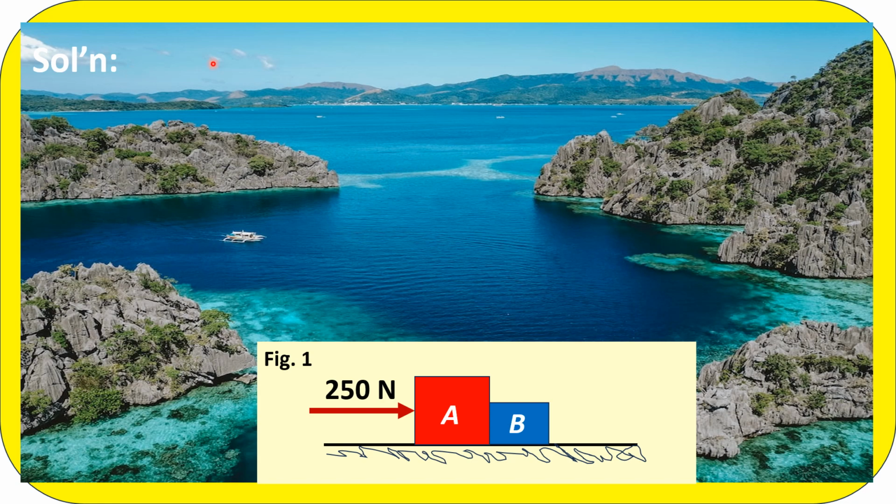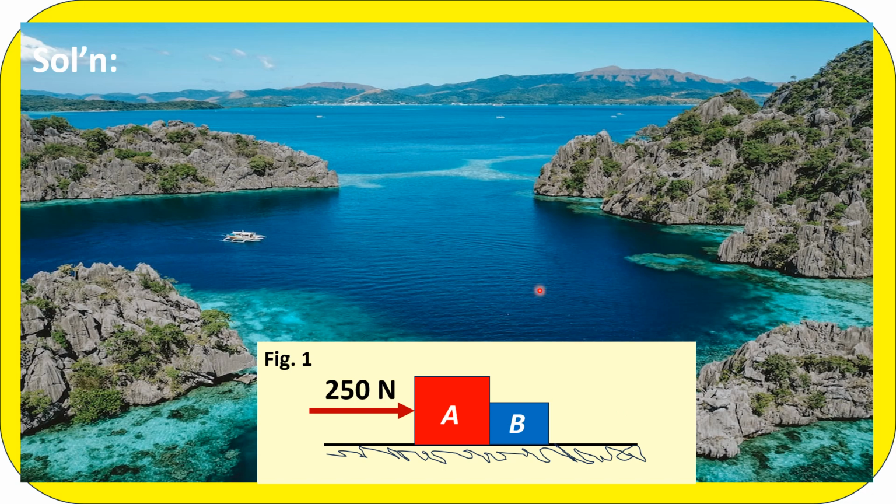We recognize that the two bodies that make up the system, box A and box B, are both accelerating to the right by 10 meters per second squared. And this is all because of the presence of an external net force, 250 newtons.